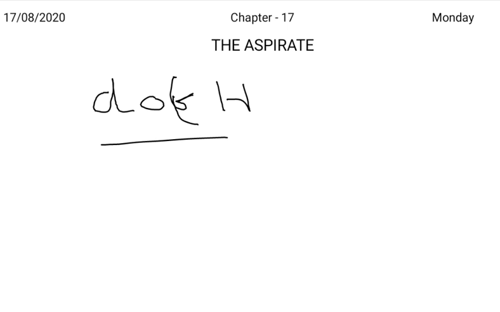For example, uphill you have to write. This is up. If you mark E vowel, it sounds up-hill. Before E, there is H sound. To represent this H sound, you place a dot before that vowel which has to be aspirated.